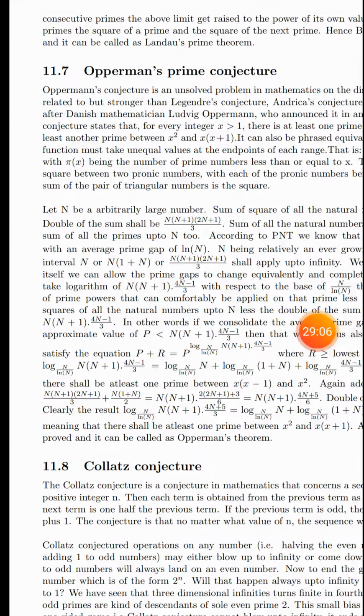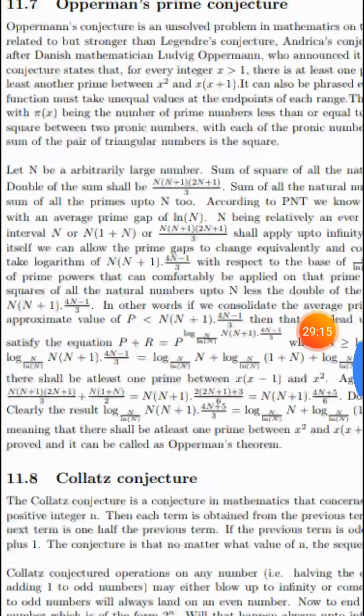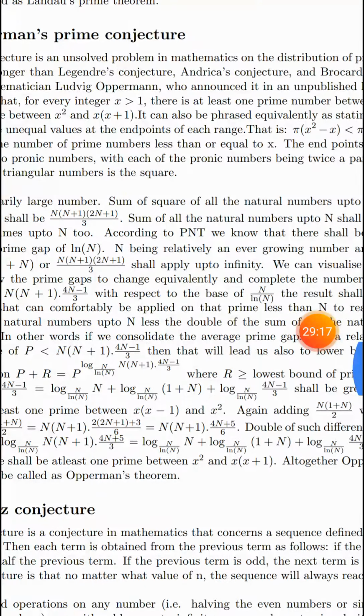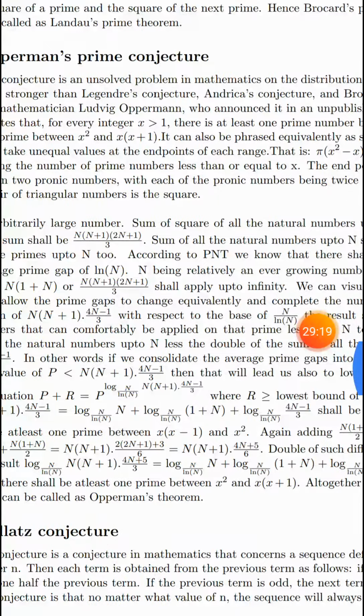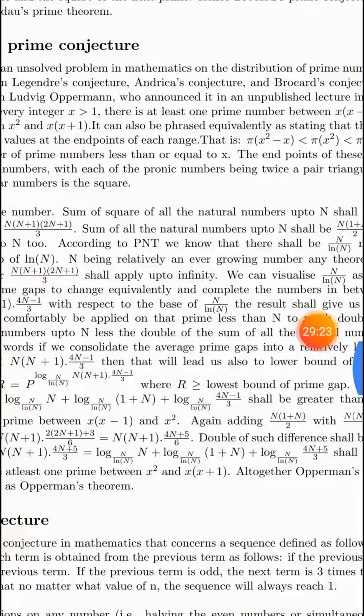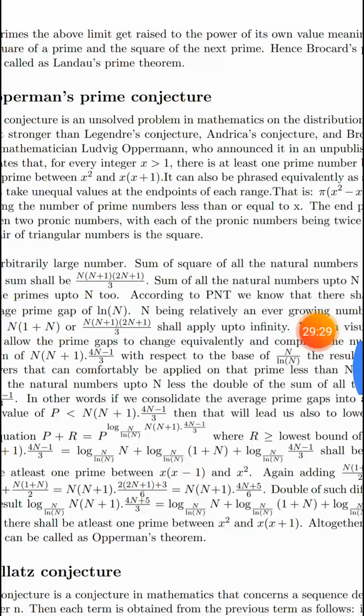Oppermann's conjecture is also the same thing, which has got 2 parts actually. There is a prime between x square and x into x plus 1, and there is a prime between x square minus x and x square. We have taken the same approach.